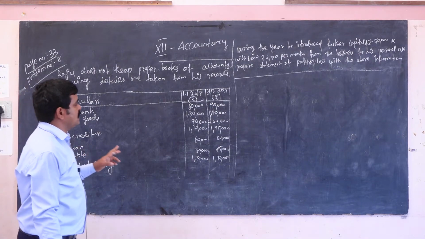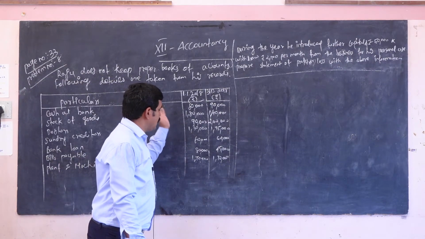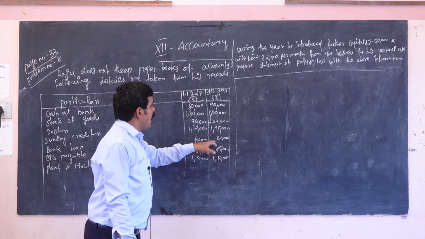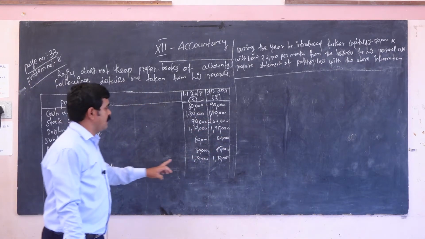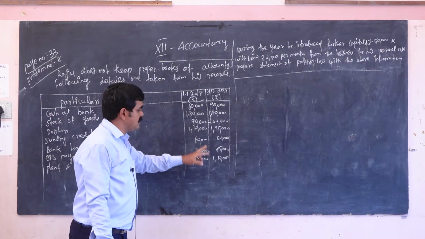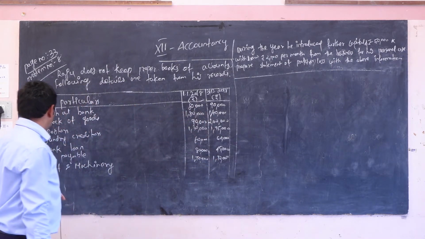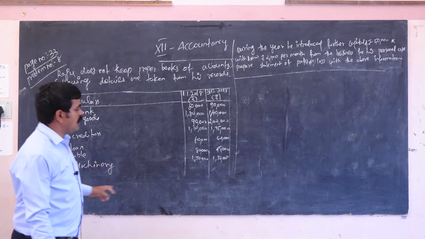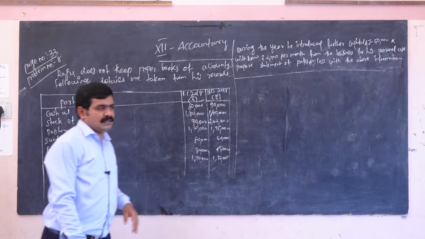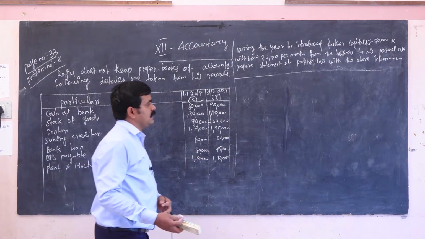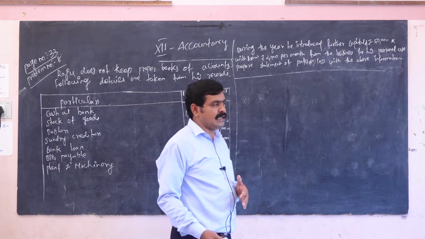Bank loan 60,000 opening, and the same amount in closing. Bills payable 80,000 opening balance, 40,000 closing. Plant and machinery 1,70,000 opening, 1,30,000 closing. Simultaneously, they are asking for some additional information.